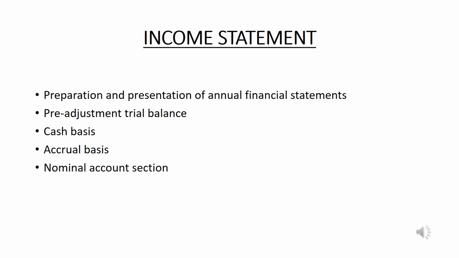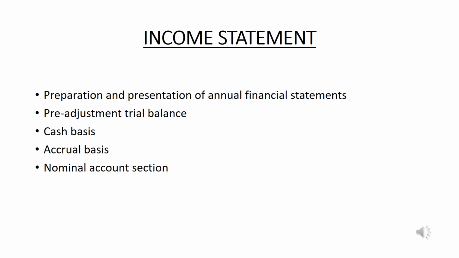So in the pre-adjustment trial balance, we focus on your nominal account section, the below part of your income statement, which means we are looking at your incomes versus your expenses so that we are able to determine that for this particular financial year we made a profit or we suffered a loss.